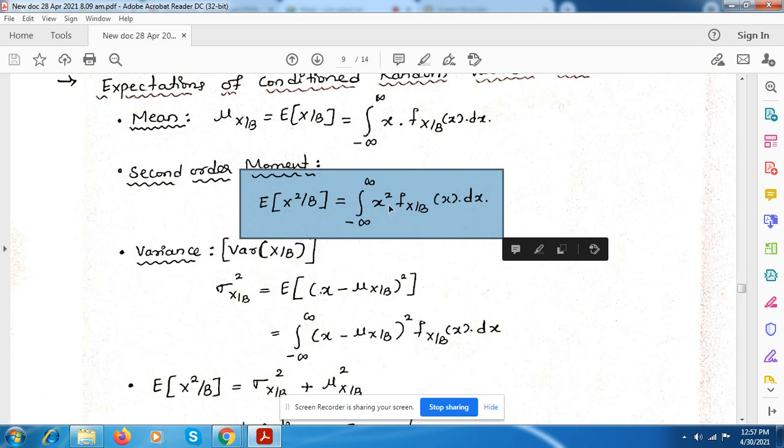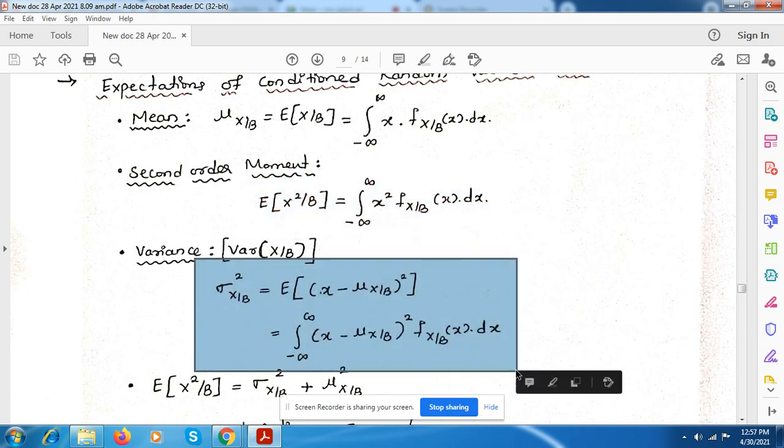So here also it is the same. First we have squared the random variable x and multiplied it with the conditioned PDF, that is f_X|B(x) dx. Next is the variance, that is sigma_X|B the whole square.